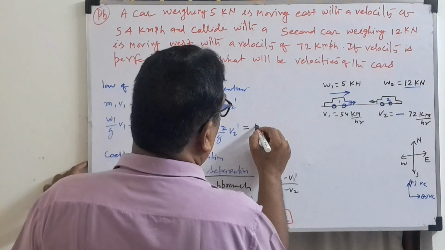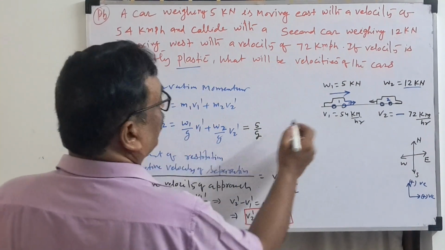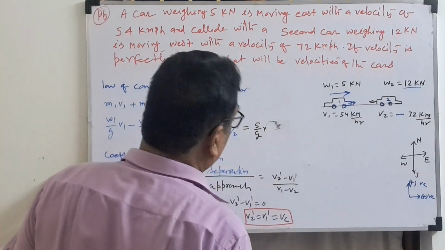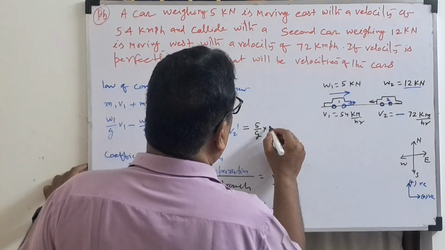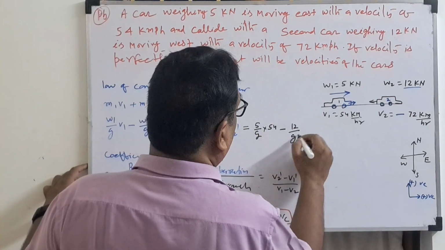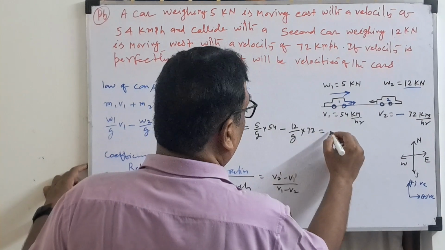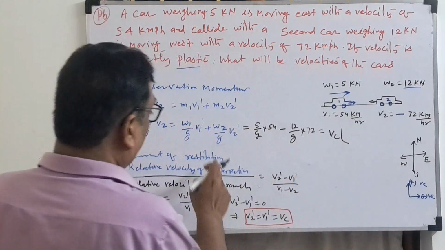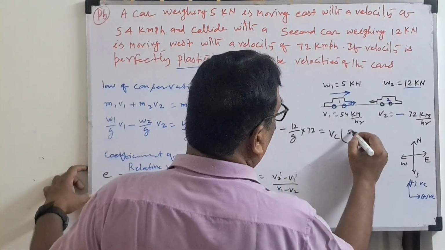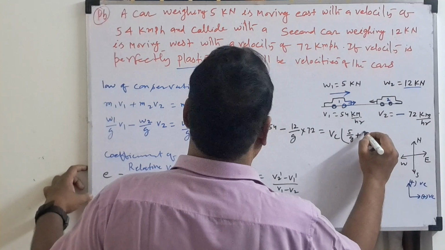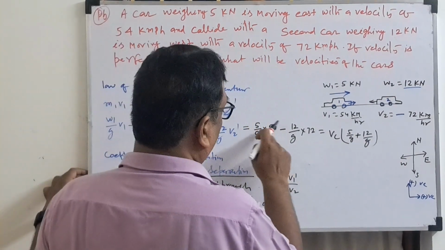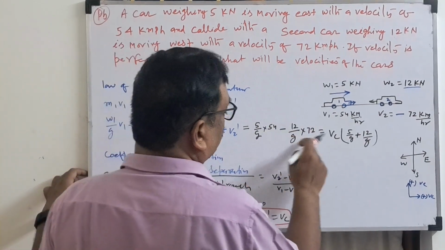What is w1? 5 by g, into v1, which is 54, minus 12 by g into 72, equals Vc. Since v1 dash equals v2 dash equals Vc, take it common: 5 by g plus 12 by g. Now if we solve this, 5 into 54 by g.